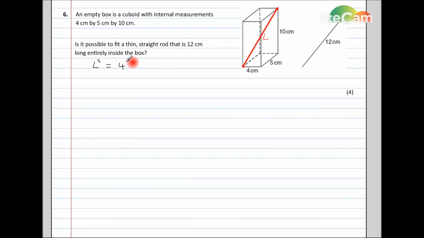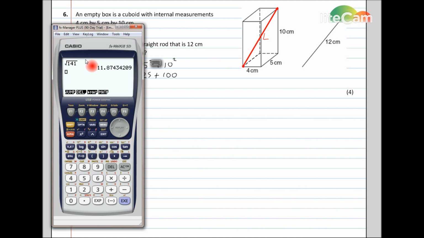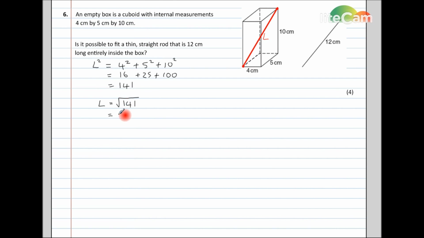So 4 squared plus 5 squared plus 10 squared. So 16 plus 25 plus 100, which is 141. So L is going to be the square root of 141, which is 11.9 to 3 significant figures.